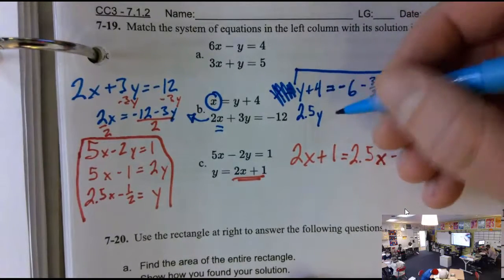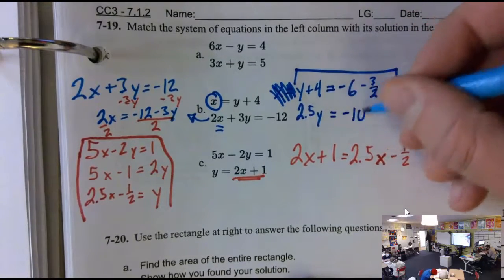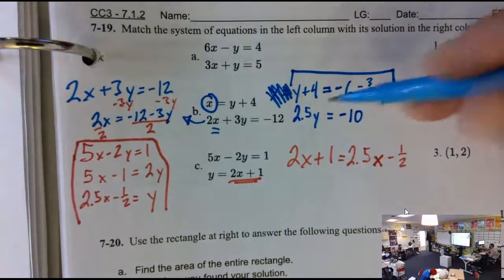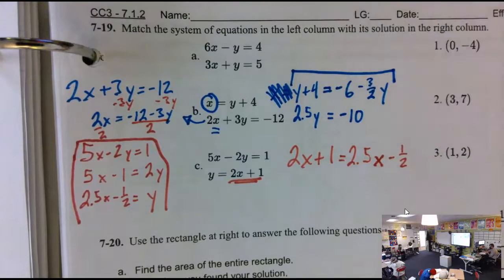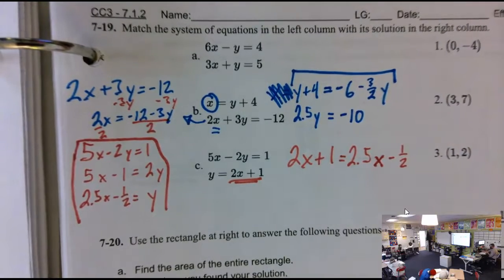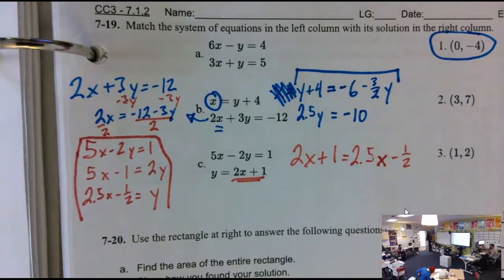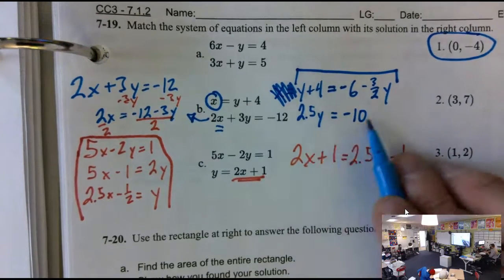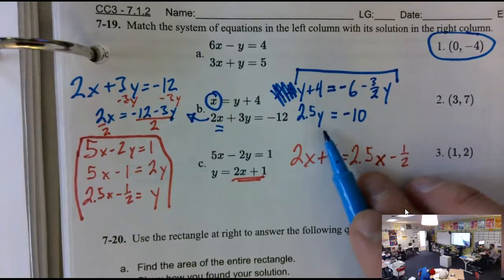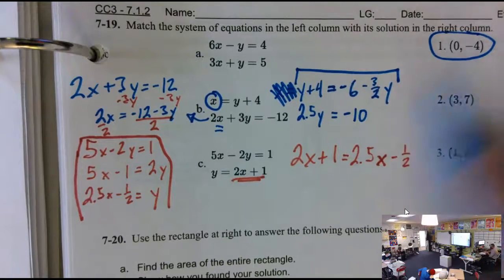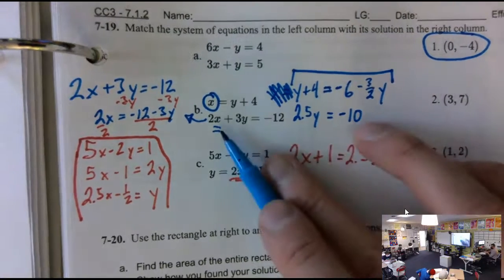I can subtract 4 from both sides, and that's going to give me negative 10. From there, I can solve for y. My gut tells me it's going to be negative 4, because what times 2.5 makes negative 10? The y value here will be negative 4. So yeah, 1 goes with part B.